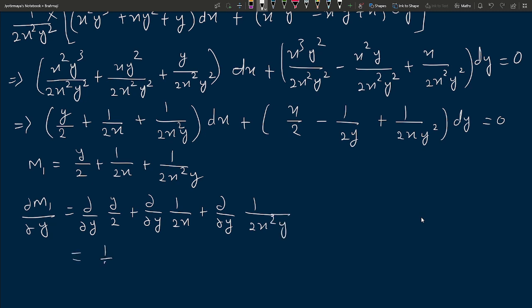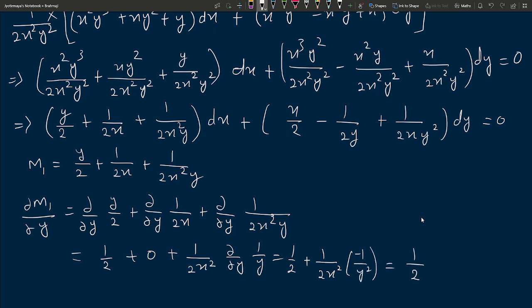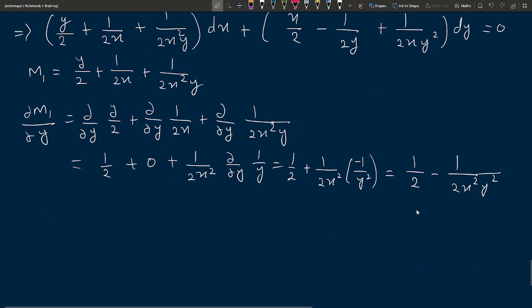Y by 2 has derivative 1 by 2, 1 by 2x is constant so 0, and 1 by 2x square is constant while the derivative of 1 by y is minus 1 by y square. So this is 1 by 2 minus 1 by 2x square y square. This is del M1 by del y.